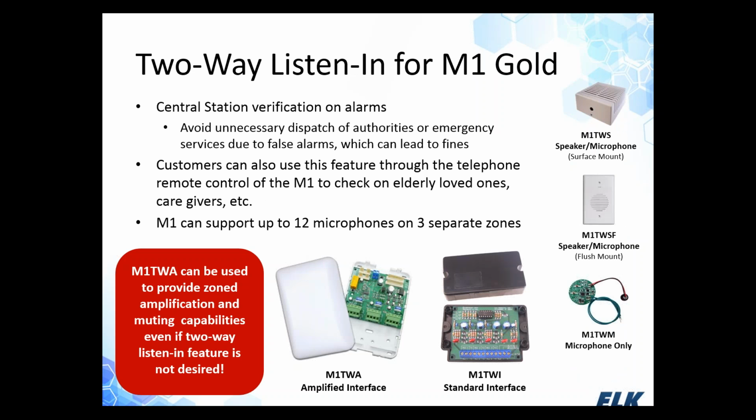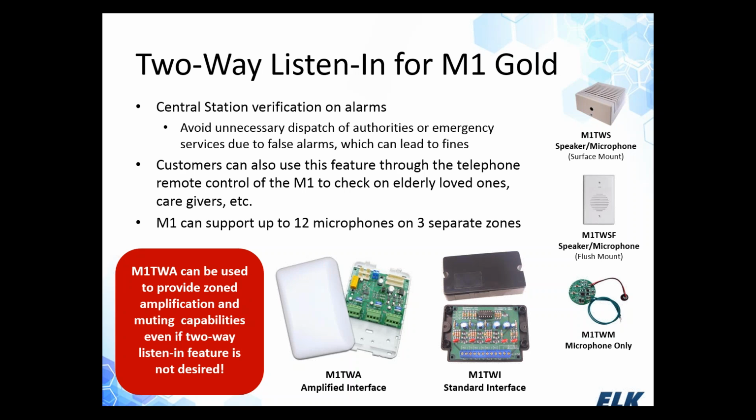We offer two interface boards, the M1 TWA and the M1 TWI, the difference being the TWA is an amplified interface, and even if you're not using the TWA for two-way listen-in, there's a couple special features on this board. There are three individual amplified outputs for your speakers.